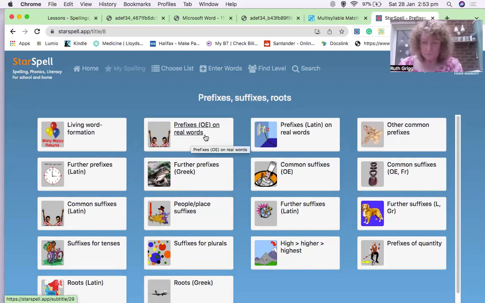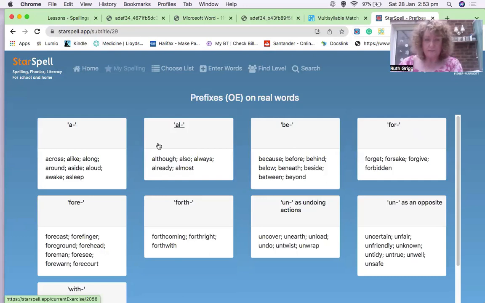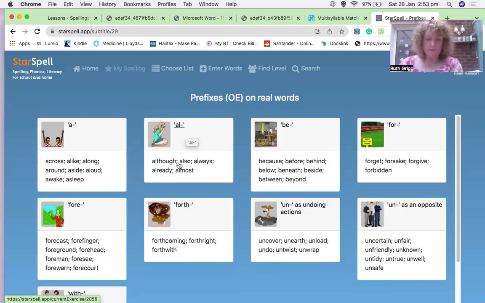Let's look at some prefixes. Let's go here. Okay, so there's different groups. Look: a, like across; al or all, like although; be, because; for; un. And it tells you the meanings as well.